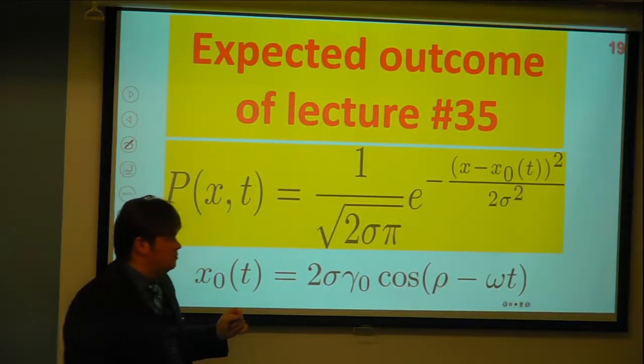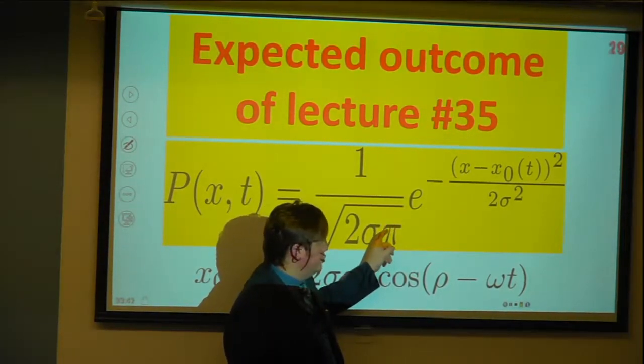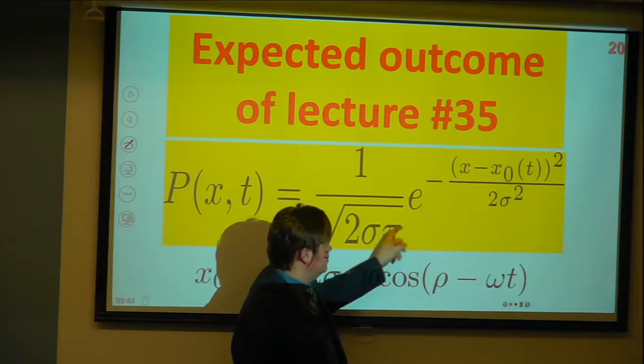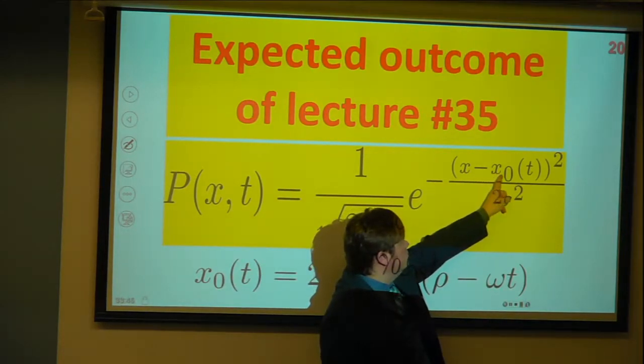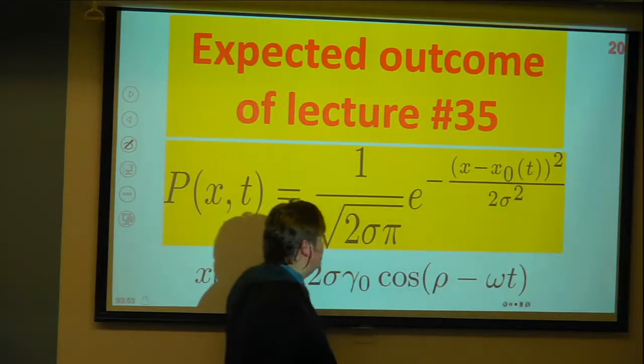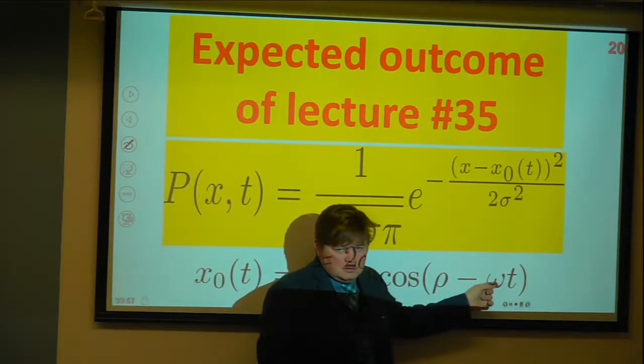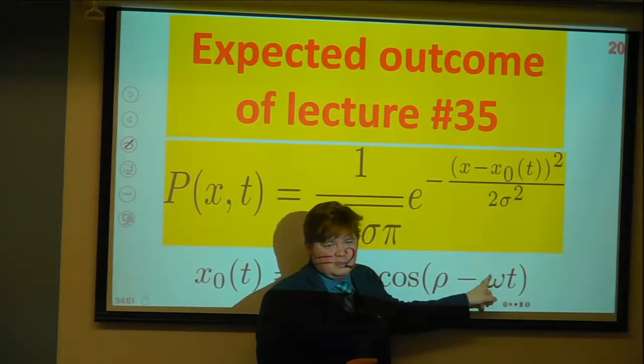And we will find out that it will look like a Gaussian distribution with a certain width, where the center of this Gaussian distribution will change in time harmonically with the frequency of this harmonic oscillator.